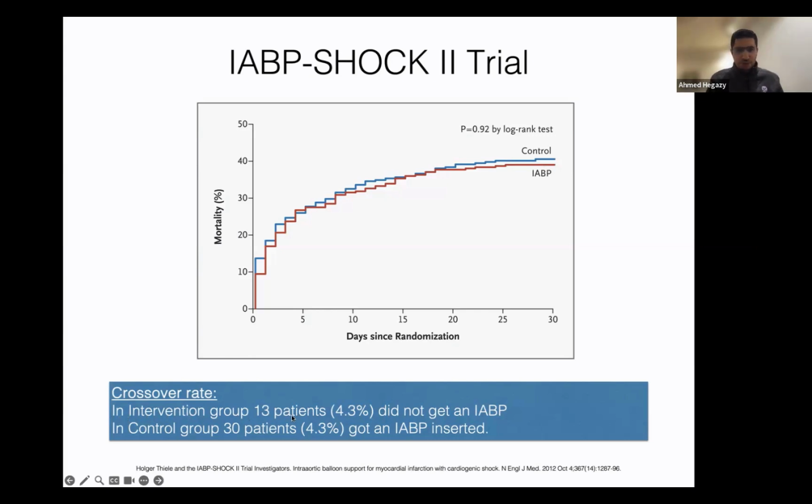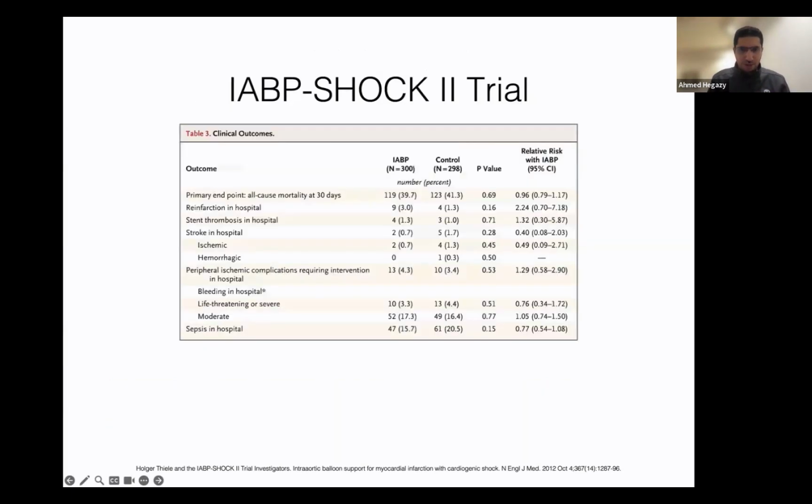In the intervention group, 13 patients actually did not get a balloon pump because most of them did too poorly, or they arrested or passed away before they got a chance to get a balloon pump. And in the control group, 30 patients actually ended up getting a balloon pump based on physician preference. So there was a bit of a crossover, but it was not that significant. Nonetheless, there was no difference in mortality.